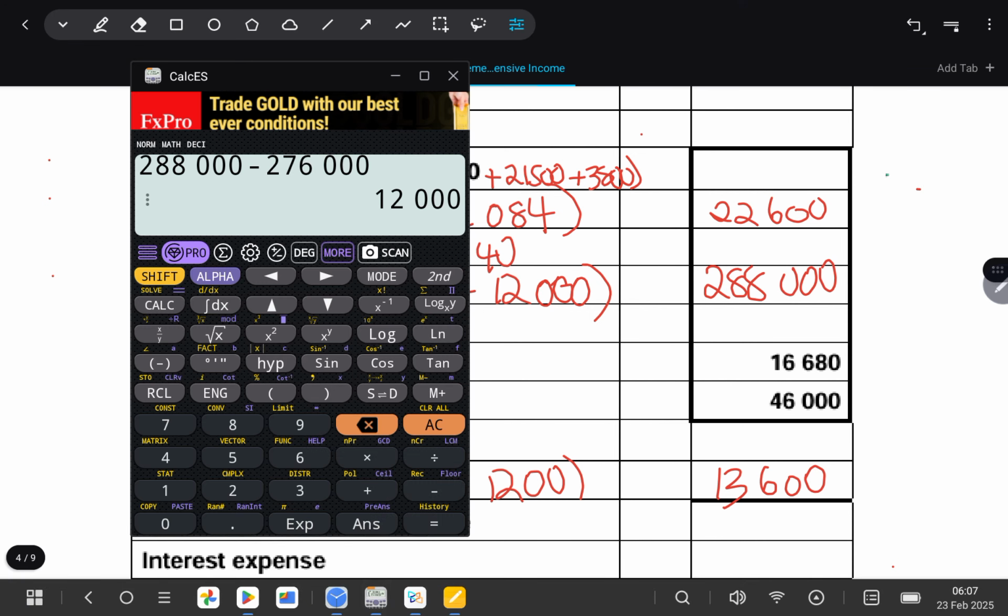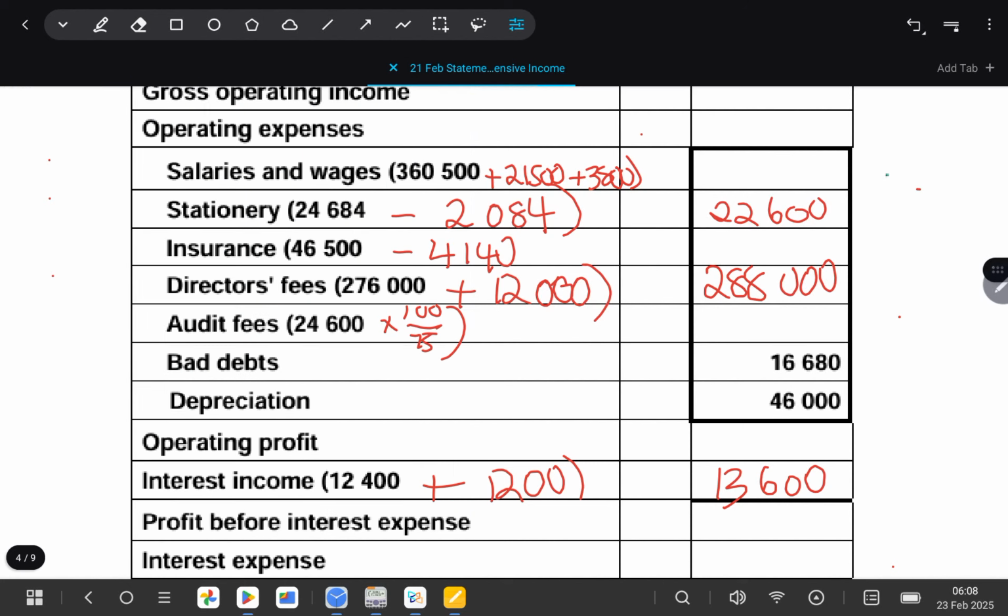So let's see, 24,600 multiply by 100 divided by 75% of the given amount. It gives us 32,800. Okay, so the amount that we were supposed to pay is 32,800.